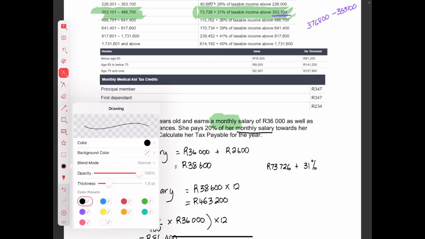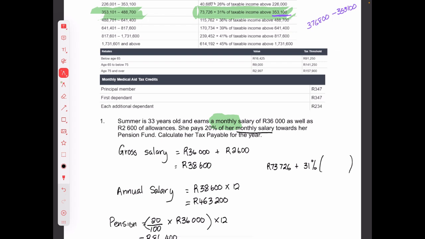So 376,800 subtract 353,100 gives me 23,700. So you are going to be taxed on the amount above 353,100. So you must do the subtraction, finding the difference between that amount and the amount below, okay?